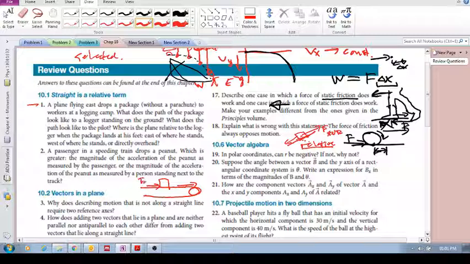There's the static friction force, and it's pointed in the same direction as the motion of that object. So it does oppose the relative motion, but it doesn't necessarily oppose the motion of the object. Okay, so please make sure you get that.